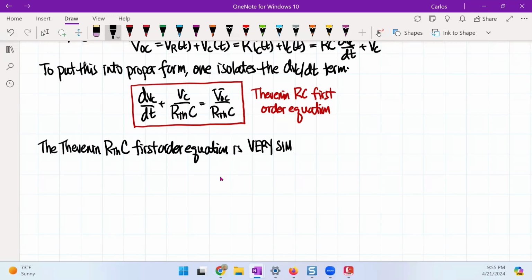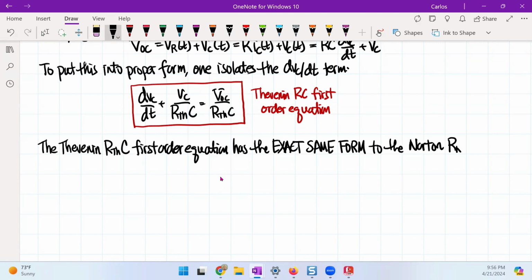I don't want to say very similar. It has the exact same form to the Norton RL equation.